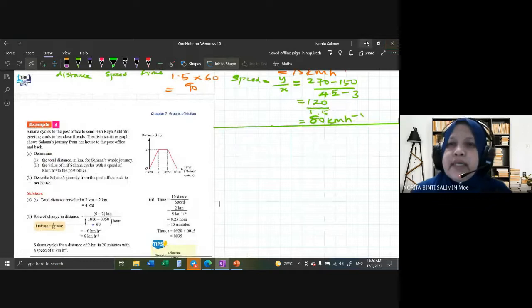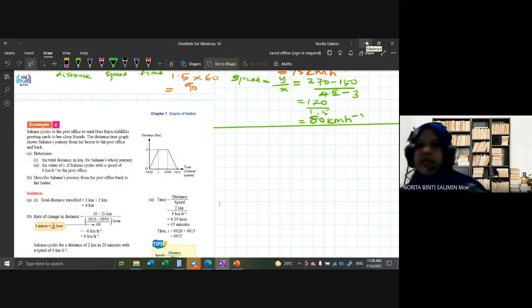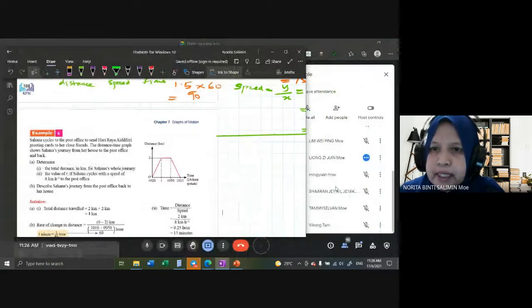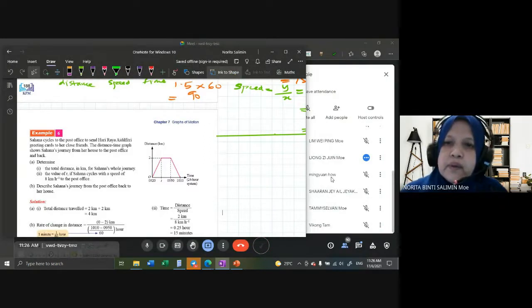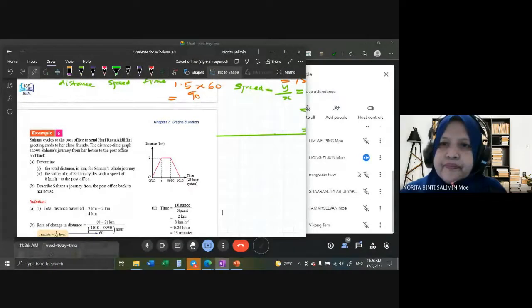Okay, anybody can read for me? Example 6. I have to call on Lim, earlier he couldn't. Okay, Ming Yuan Hao. Can you open the mic?